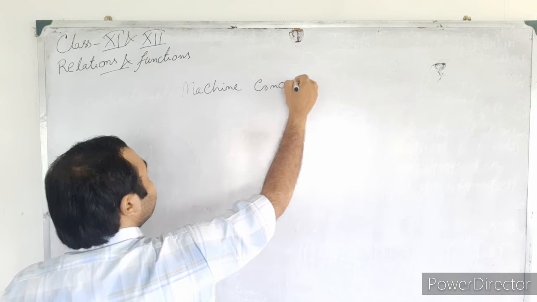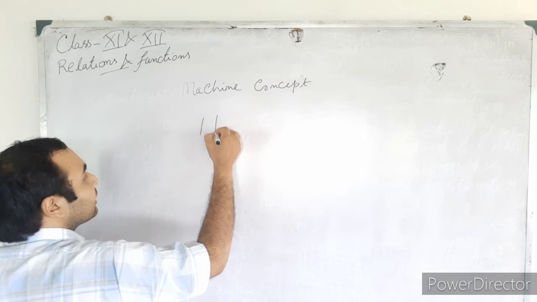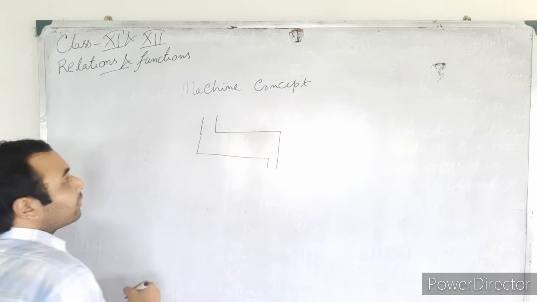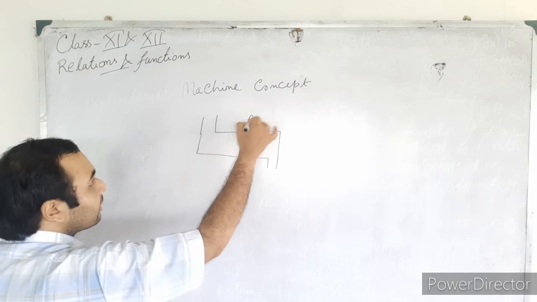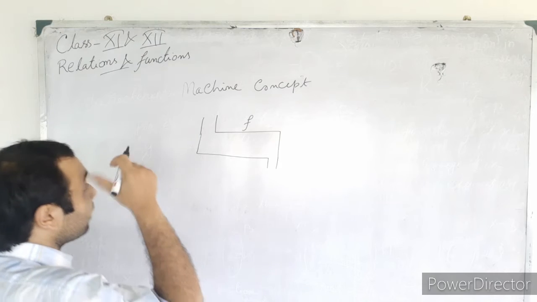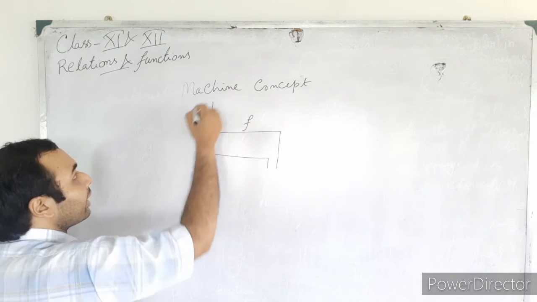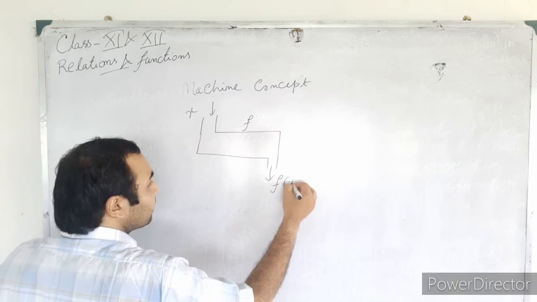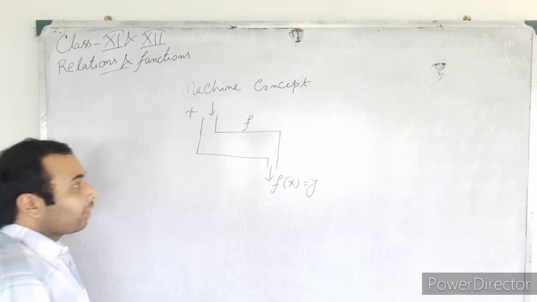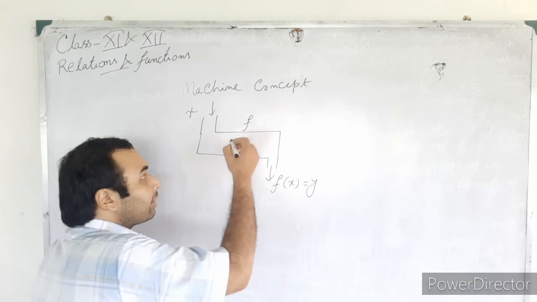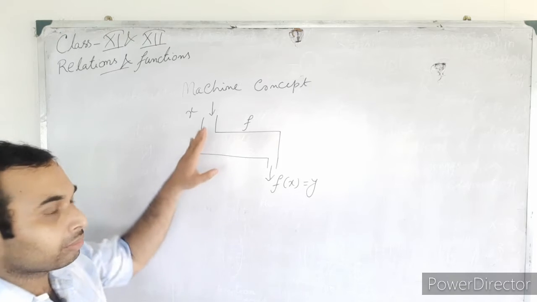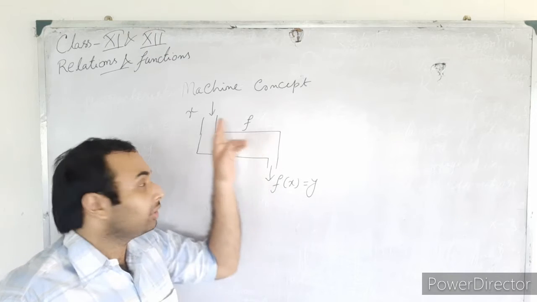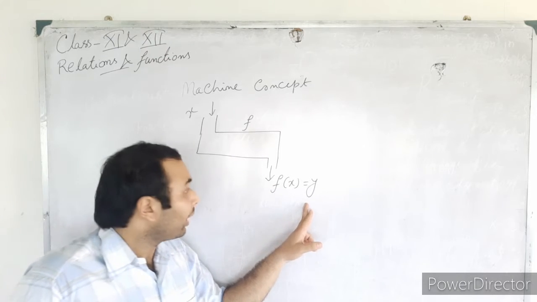If this is the machine, and this is our function f, and you give some input x, then we will get some output, that is f(x) equals y. Some rules will be applied over here, and then we will get the image of x, that is y.